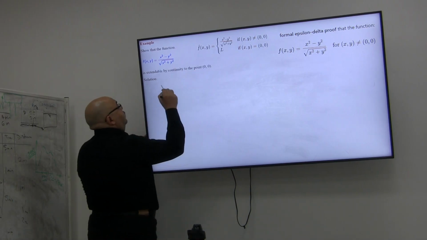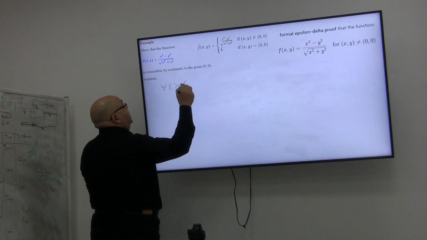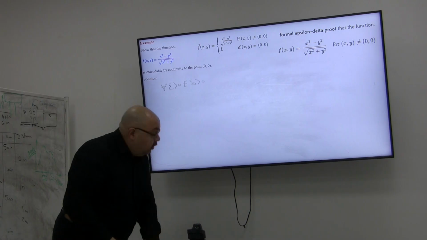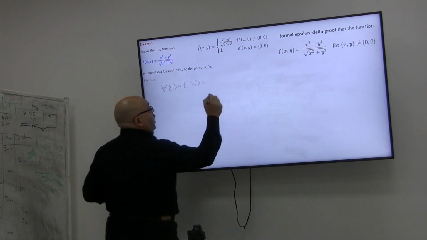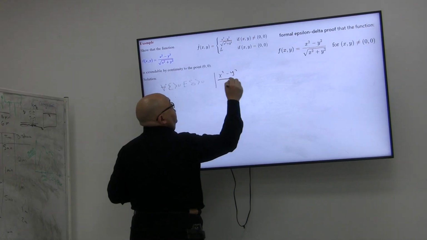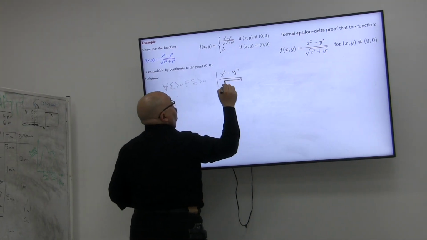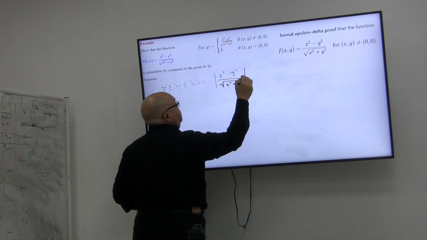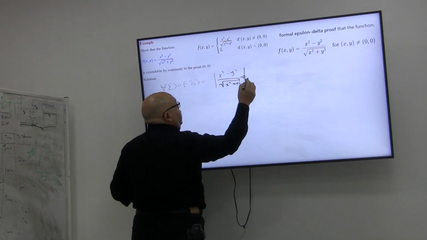I can write for every epsilon greater than 0, there exists delta greater than 0, such that the absolute value of x squared minus y squared divided by the root of x squared plus y squared, minus 0, which is not going to be written.